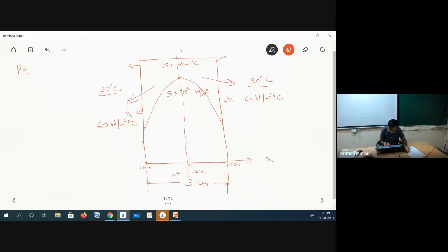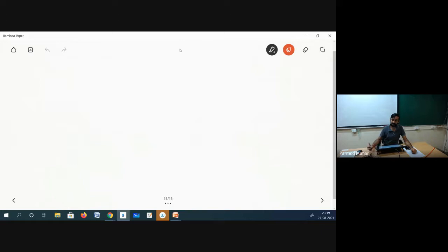Because this maximum temperature is also unknown, and these minimum temperatures are also unknown. So from a single equation, I cannot find it. So for this problem, have you studied the general heat conduction equation? Have you studied this equation?